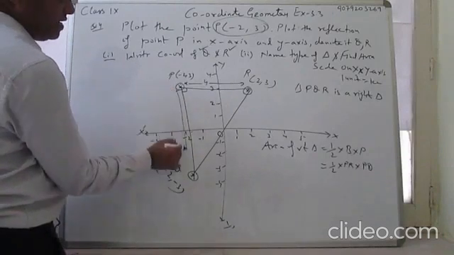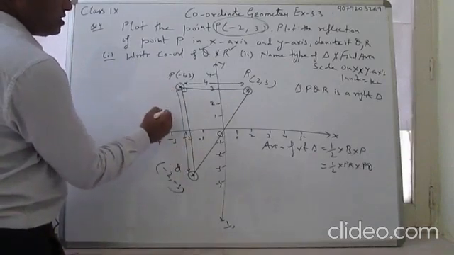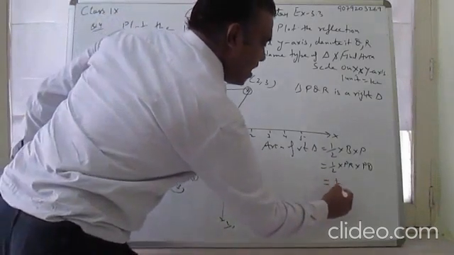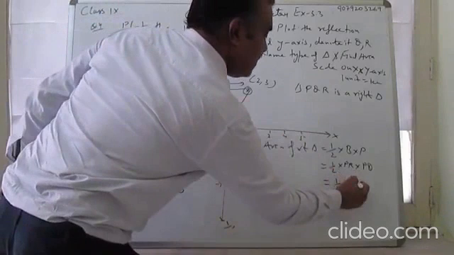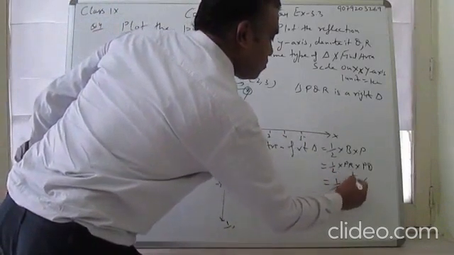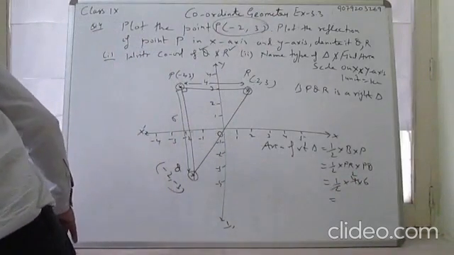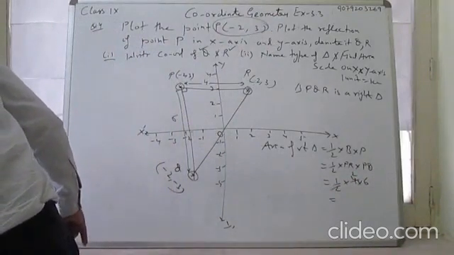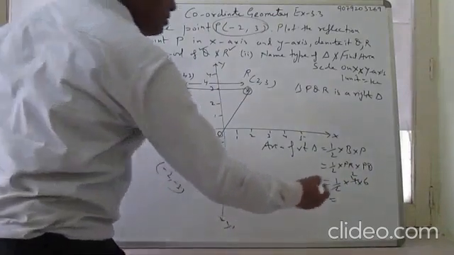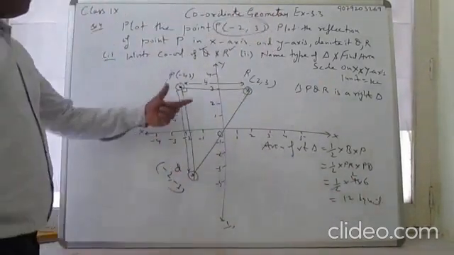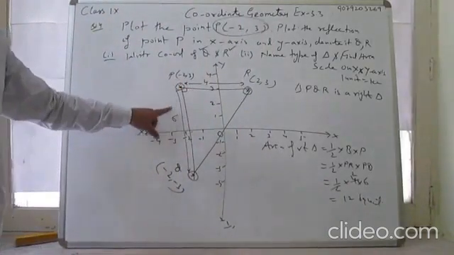If you add, it becomes 6. So the area is half into 4 into 6, which is 12 square units.